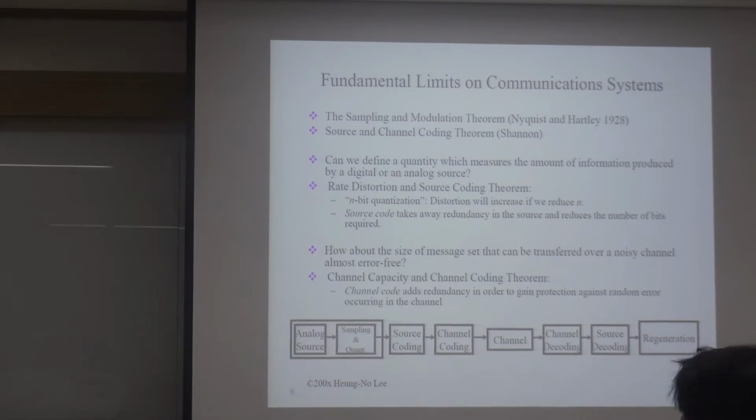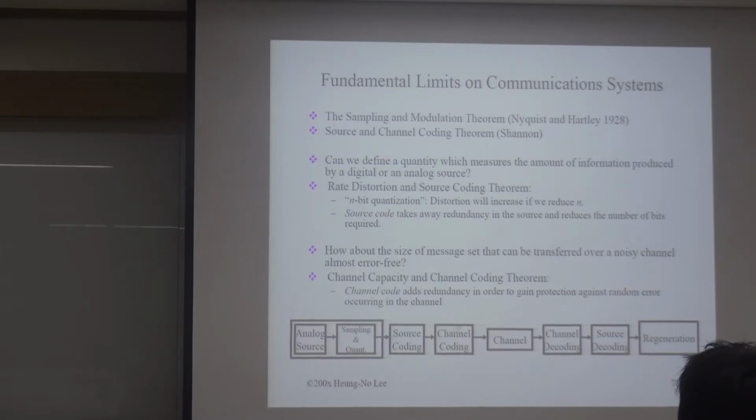That type of operation is right here. This is analog to digital sampling. Once you have done that, you do the source compression so that you can remove the redundancy. Let's say after source coding the rate has become half, 1,500 bits per second, things like that.